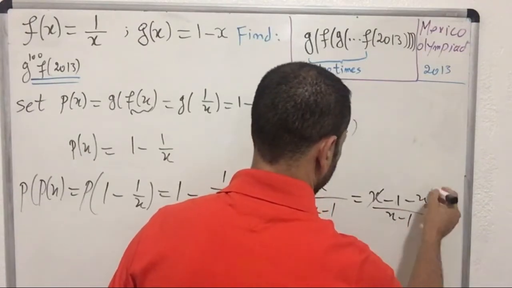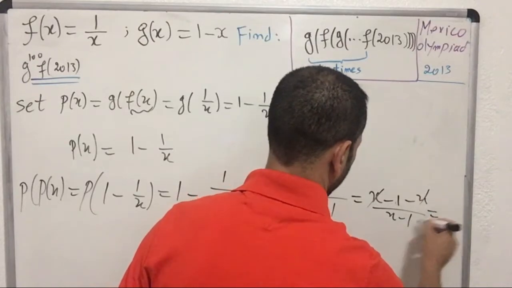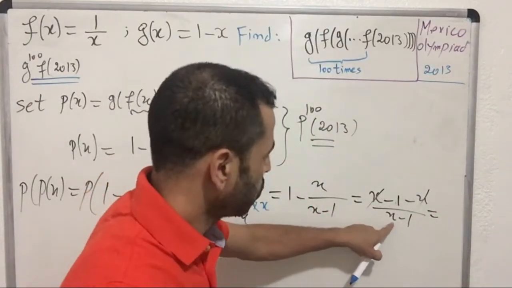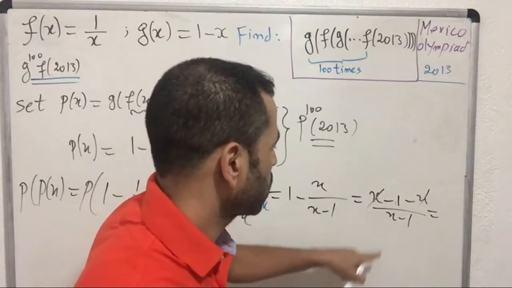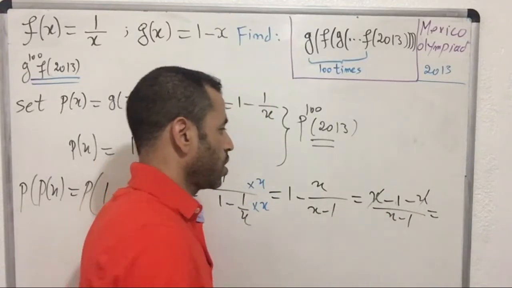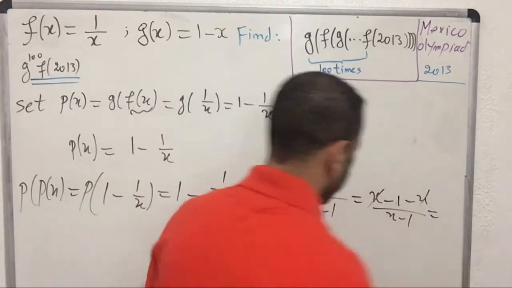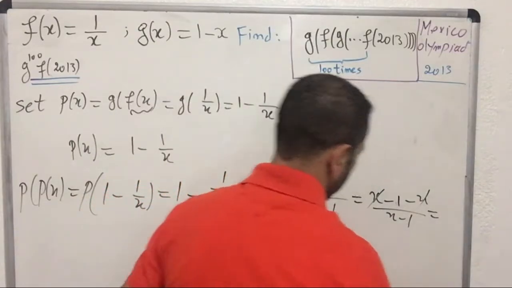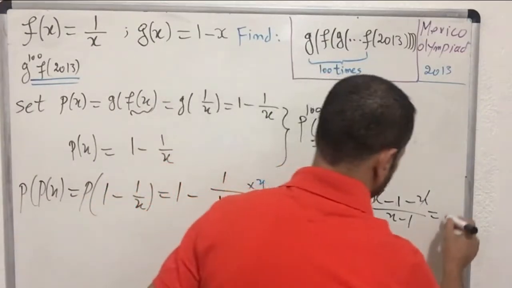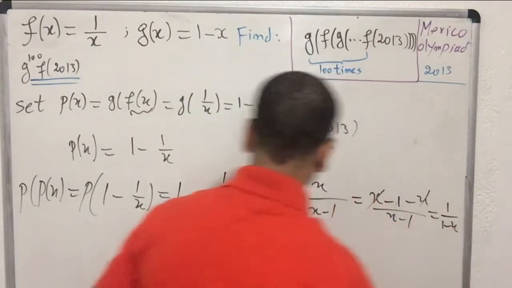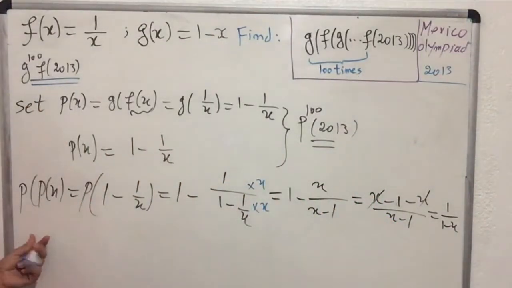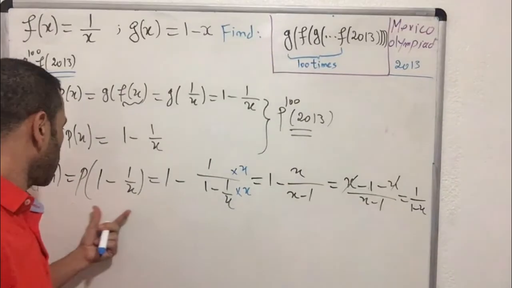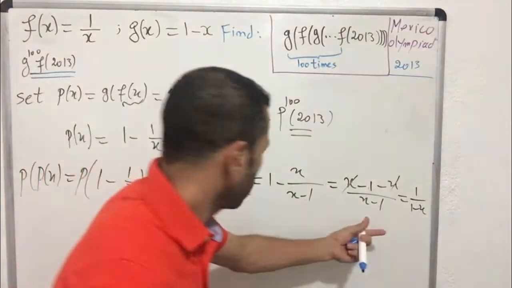The x will be cancelled out. I have a minus sign in the numerator, so I'm going to change this sign and change the denominator to 1 minus x. So this is the function composed with itself 2 times: 1 over 1 minus x.